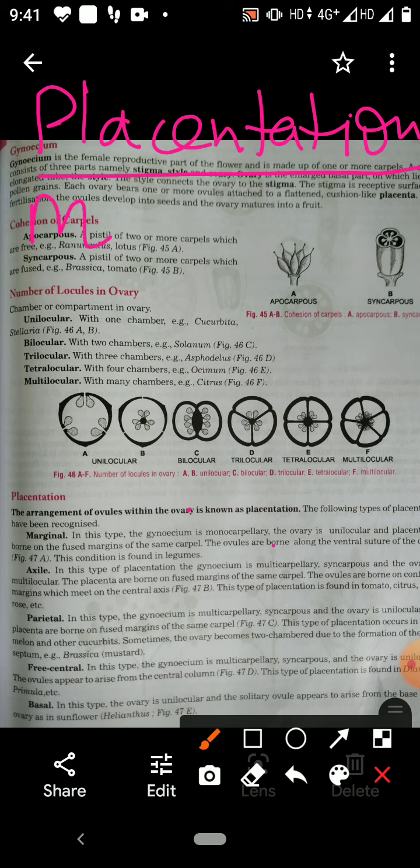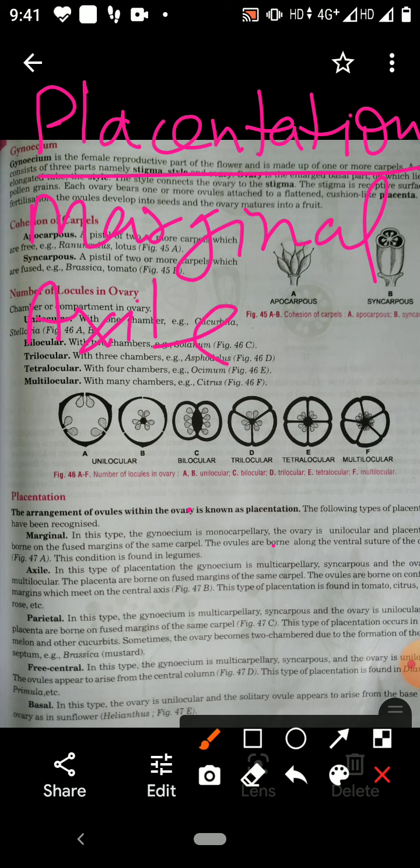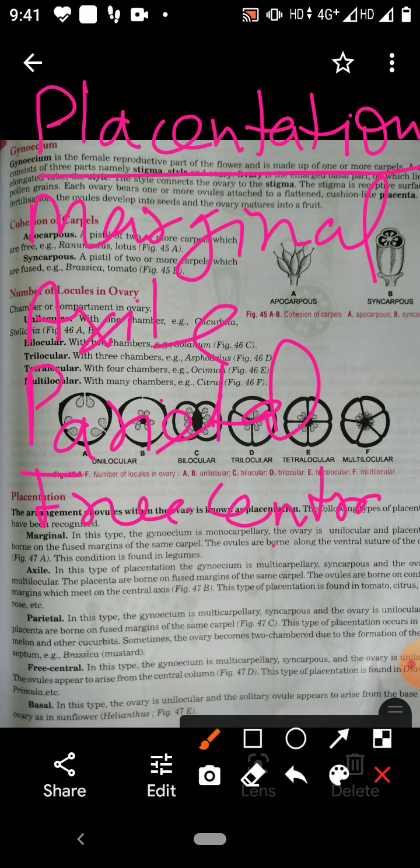First is marginal placentation. Second is axial placentation. Third is parietal. Fourth is free central. Fifth is basal.